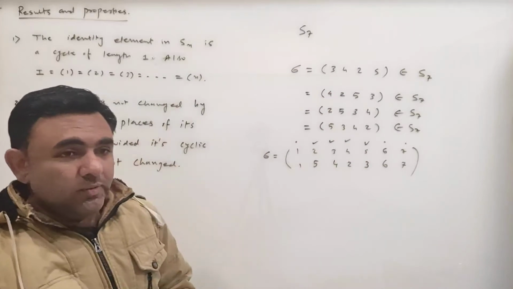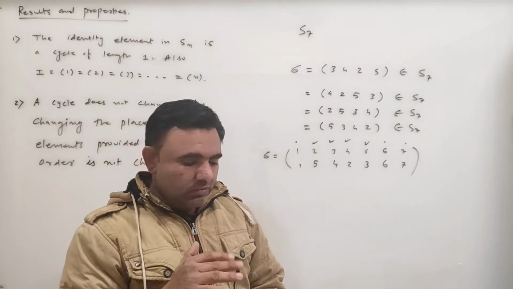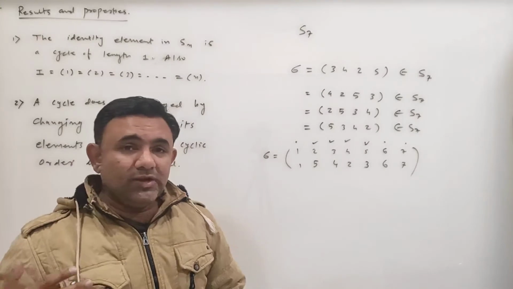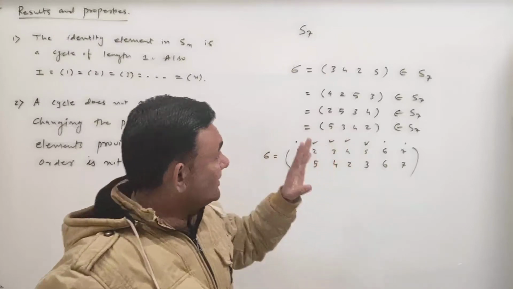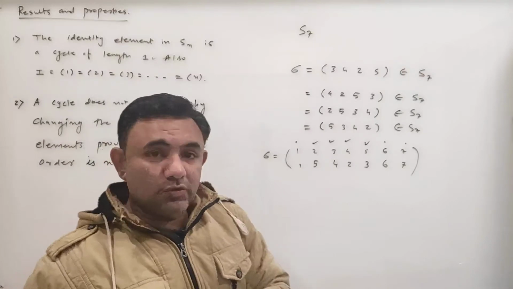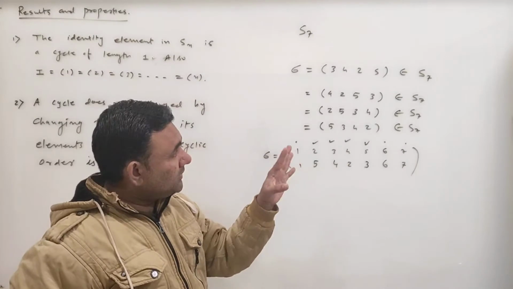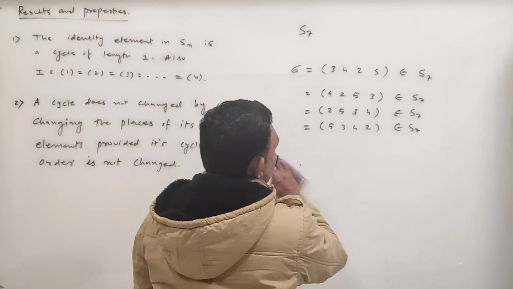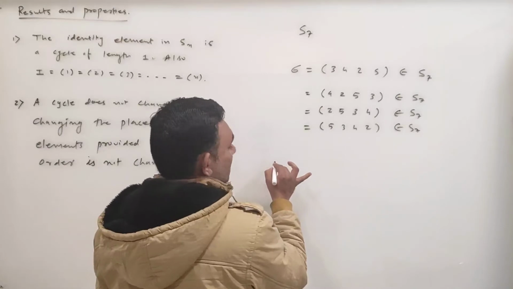Now I want to count how many cycles of length 4 there are, or not order 4, but let me say 4-cycles, cycles of length 4. How many cycles of length 4 are there in S7? Actually, how many elements are in S7? 7 factorial. 7 factorial is 5040, right? There are 5040 elements, so out of them how many are cycles of length 4? So what will it be? I want cycles of length 4. So what is S7?